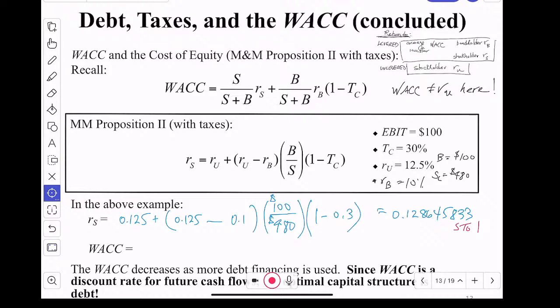Next, the WACC. Since RS is increasing now, WACC will increase too. So it's not going to be the same as RU. We're going to use this number to get the WACC. I guess the question to ask is, is WACC higher or lower than RS? What do you think?